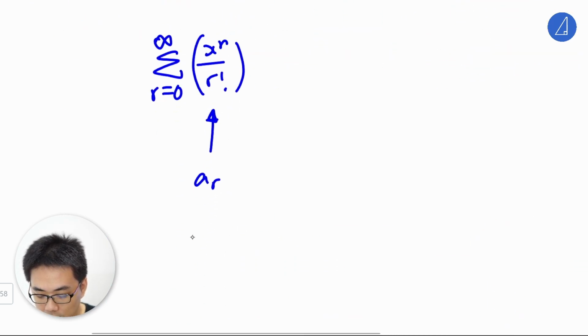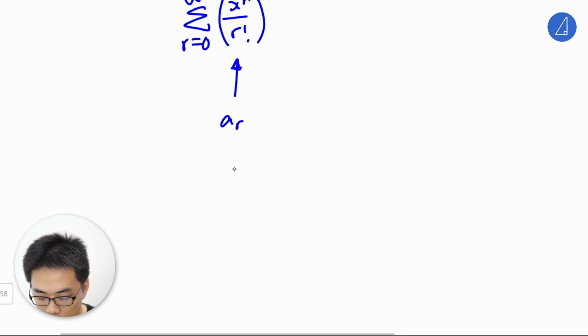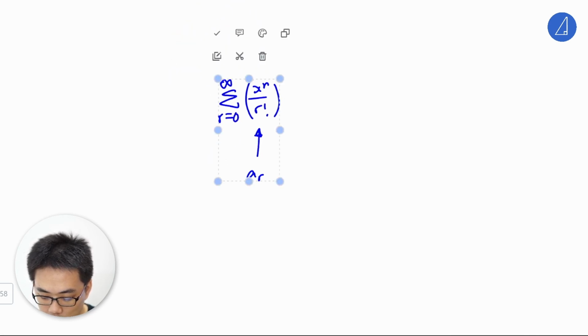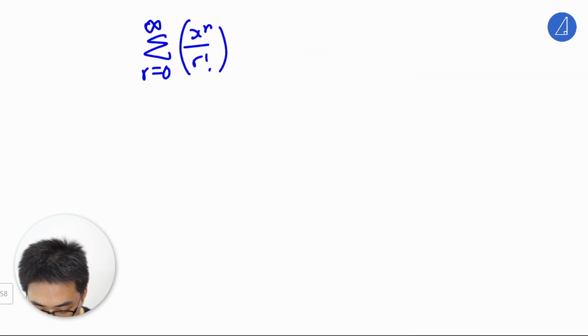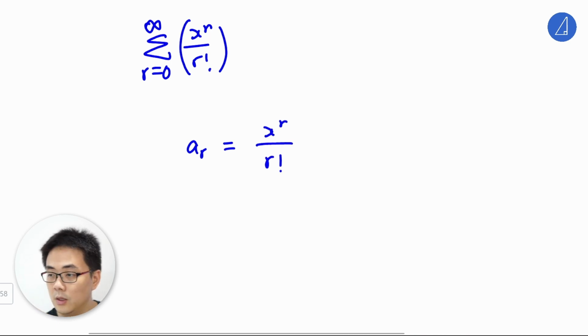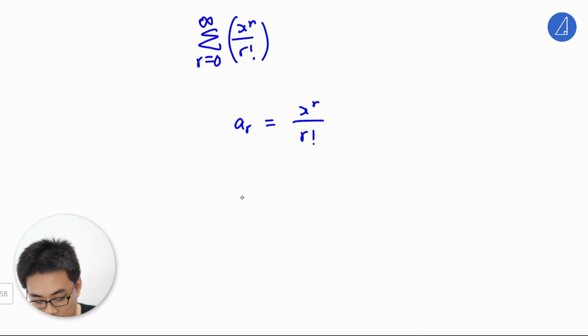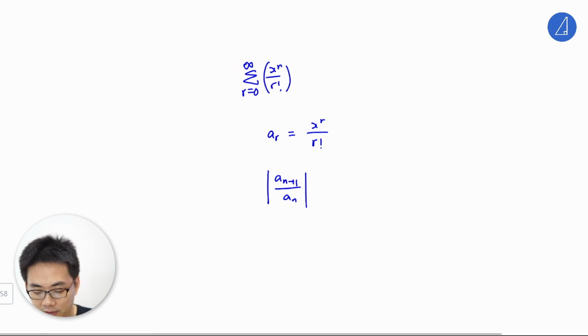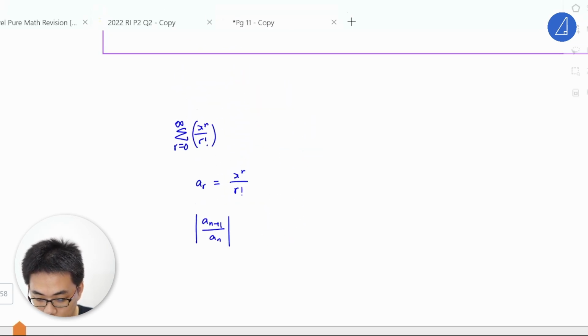So hence let a_r equal x^r over r factorial. In this case, what you're going to do is find the ratio of a_(r+1) over a_r. Just find this first. So this is what you need to find.